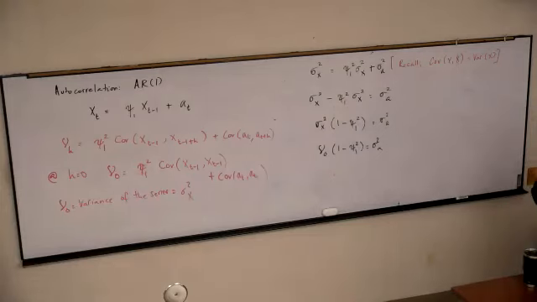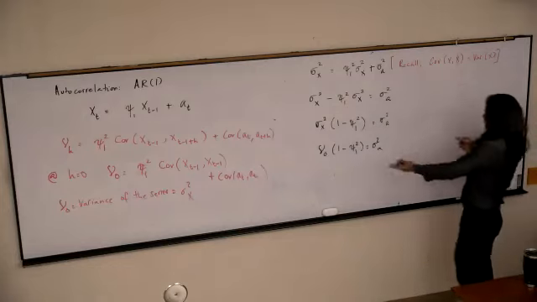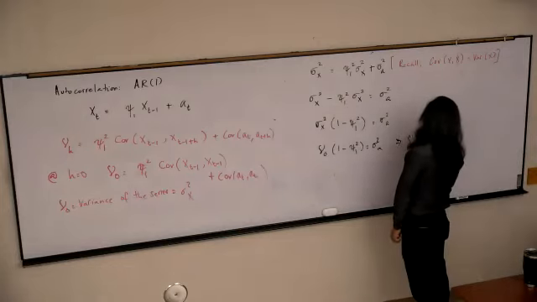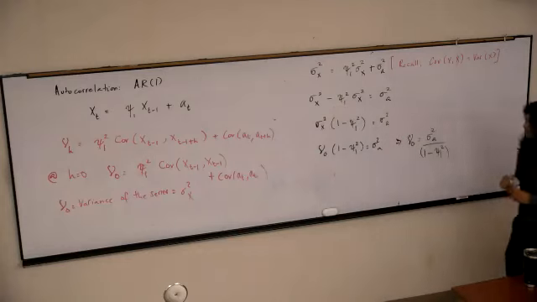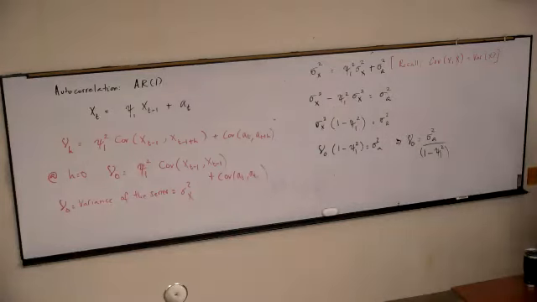Good so far? Okay. If I rewrite this expression, gamma naught is sigma squared a divided by 1 minus psi 1 squared.